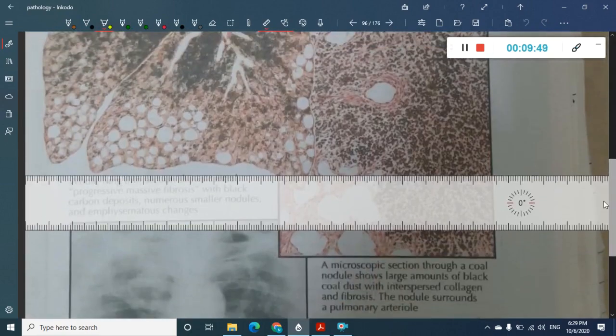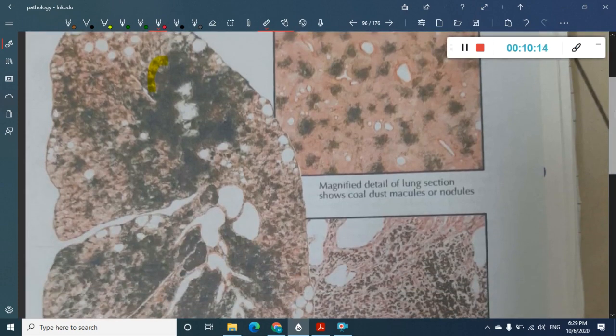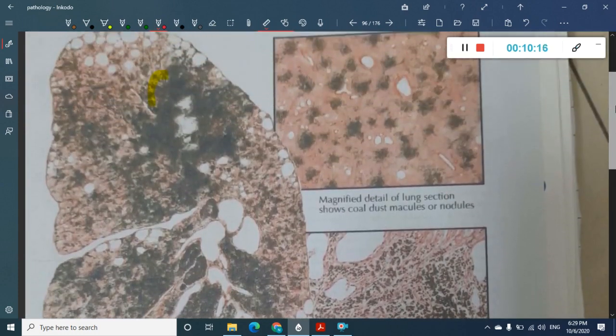Now this is about coal workers pneumoconiosis. One minute, I'll write it here: coal workers pneumoconiosis. So what are we going to see in coal workers pneumoconiosis? The main important thing is all these depositions.